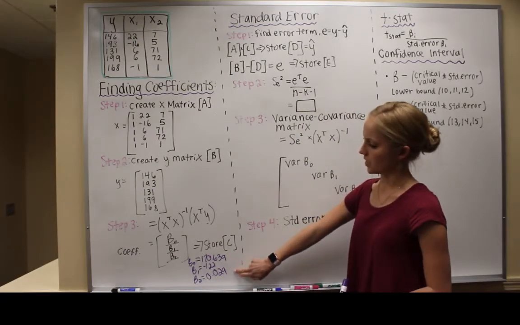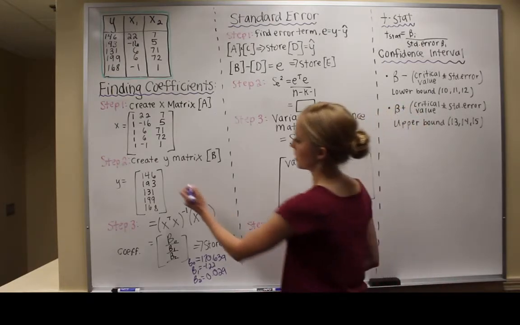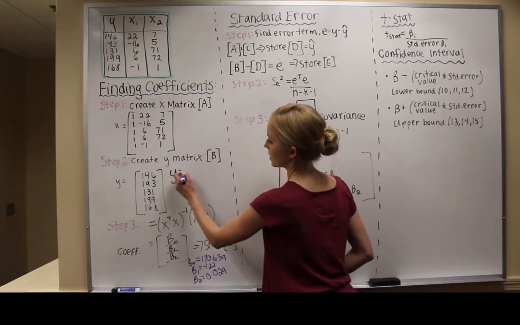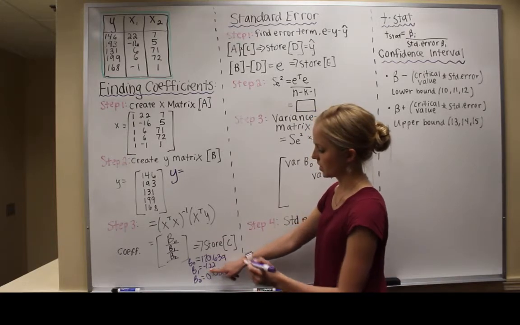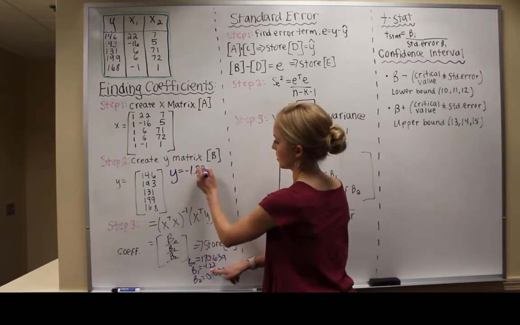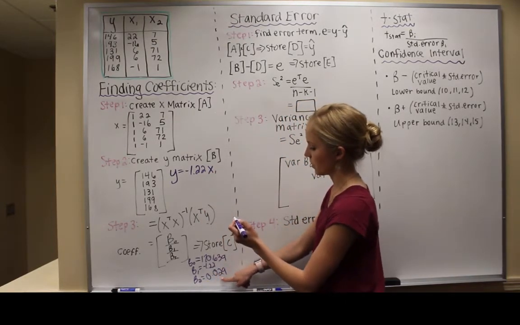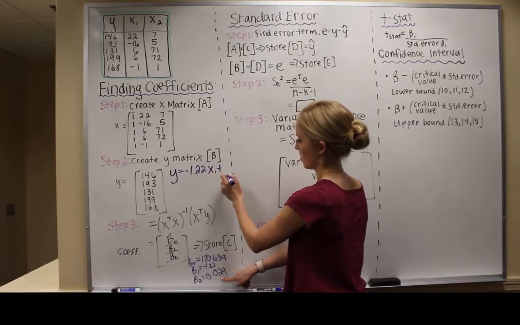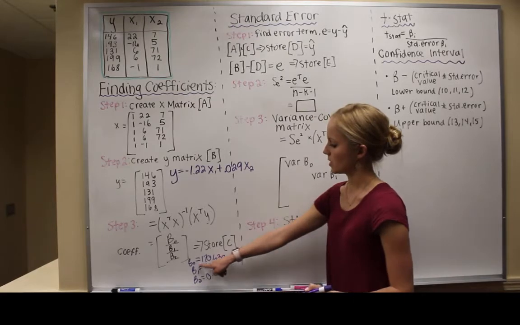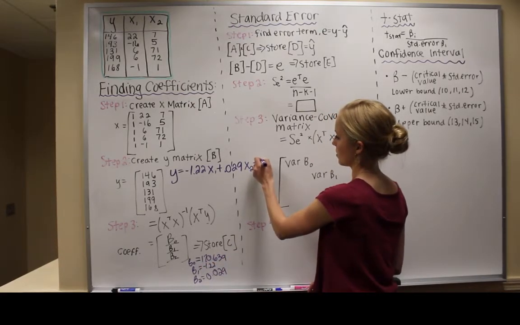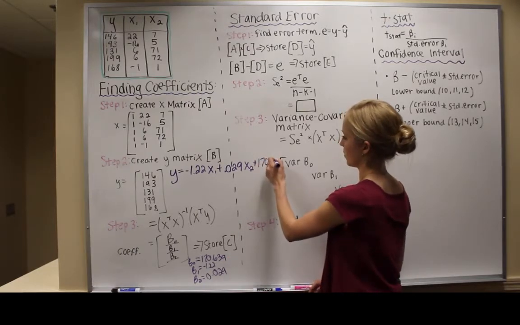Using these answers, just to interpret them in terms of what they mean, we have the formula y equals the coefficient for beta 1, which is negative 1.22 times x1, plus the coefficient for x2, 0.029 x2, plus the constant, which is 170.64.